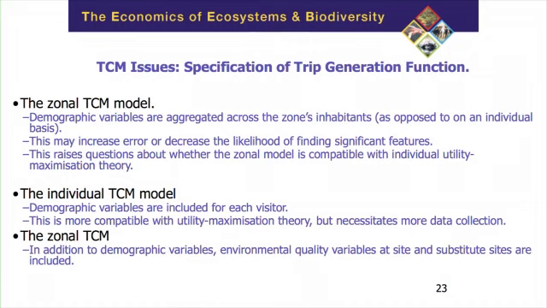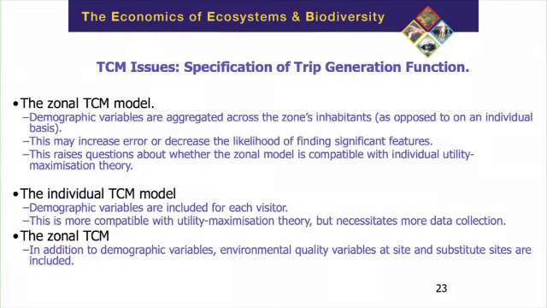So the chances are there's going to be lots of error within that approach. And some have questioned whether the zonal travel cost method actually violates random utility theory. So it's not really sticking to economic theory about how people choose to consume different goods and services. So there are issues about the zonal travel cost method.